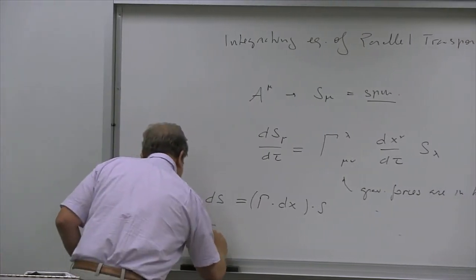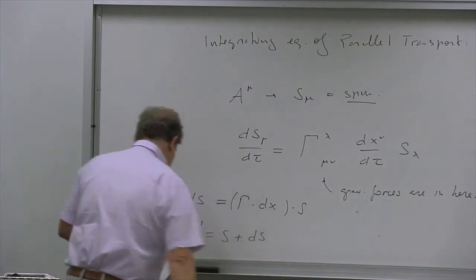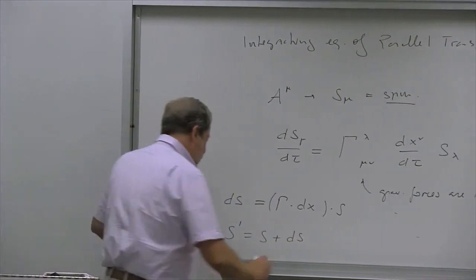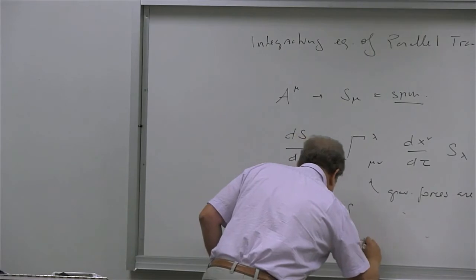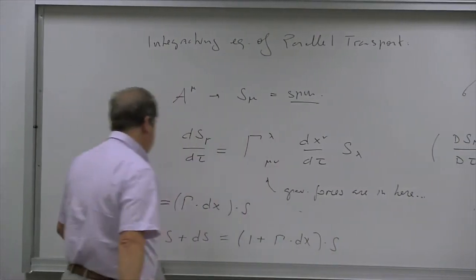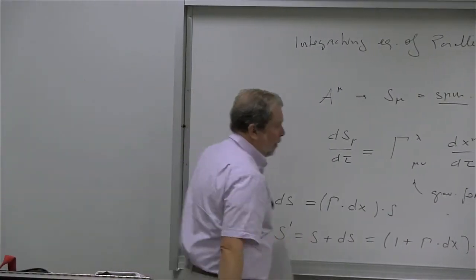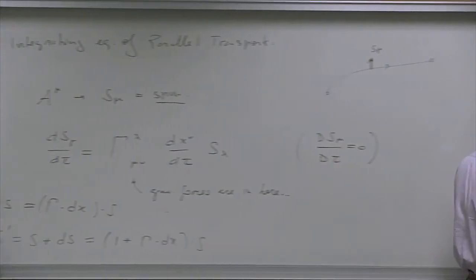So the rotated vector S prime is going to be S plus dS, and so it is going to be equal to 1 plus gamma dotted into dx, times S itself. And that's for an infinitesimal displacement.